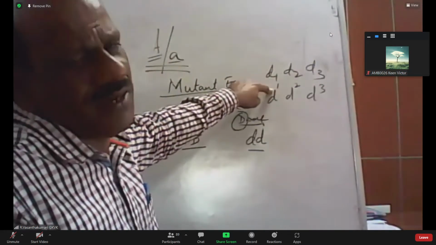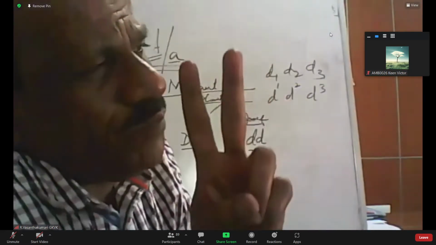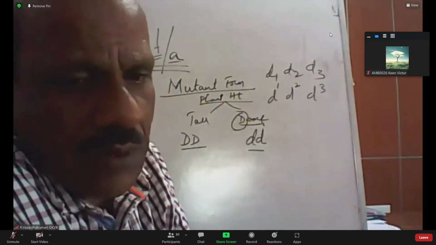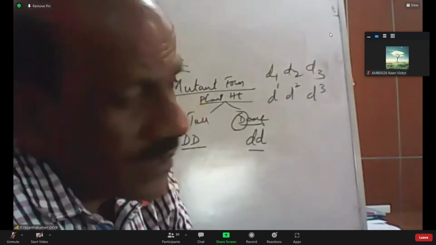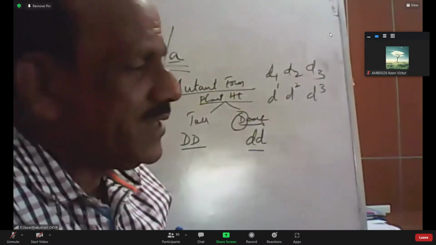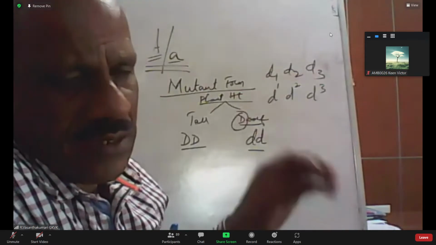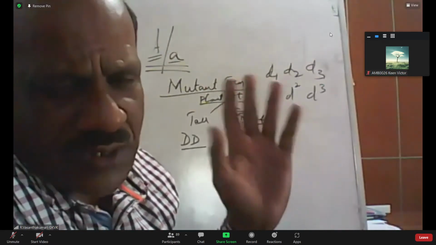Is it clear? Existence of more than two alternate forms of a gene, you designate the alleles with superscripts or subscripts.